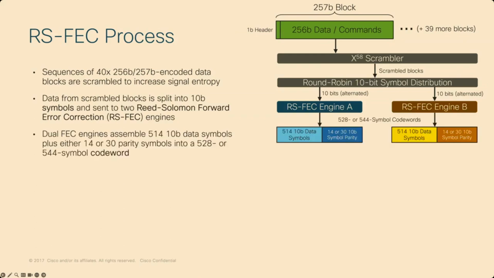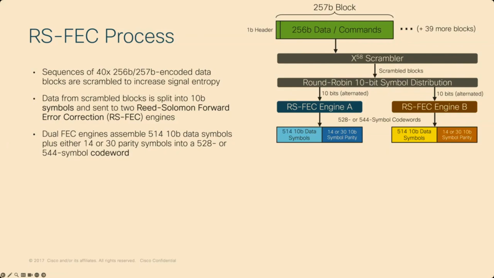Each one of these engines is responsible for taking those 10 bits that I just fed it and assembling them into what we call code words. And the code words consist of 514 of those 10-bit data symbols. And then we calculate parity on that.